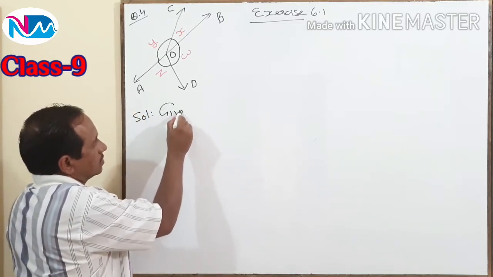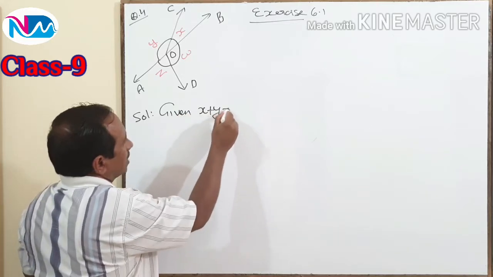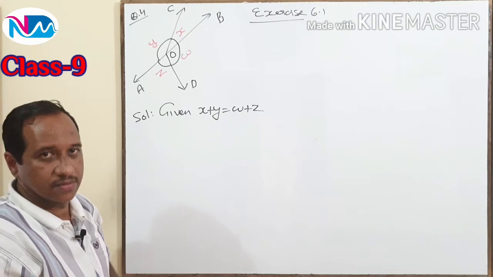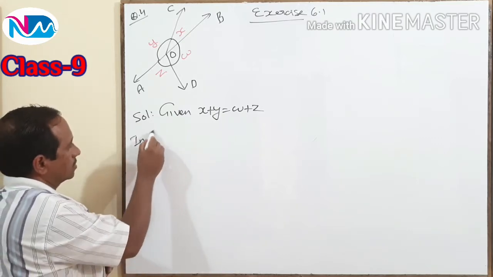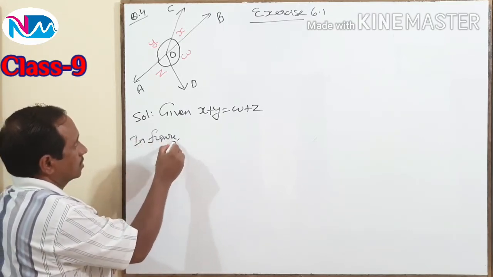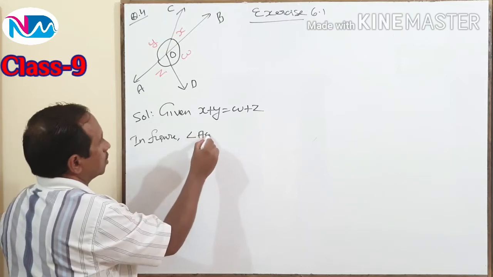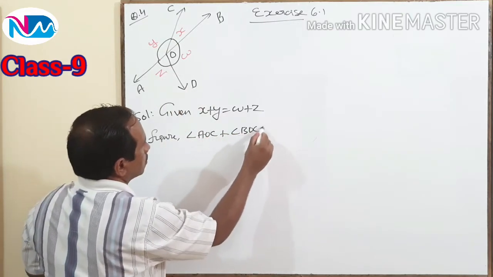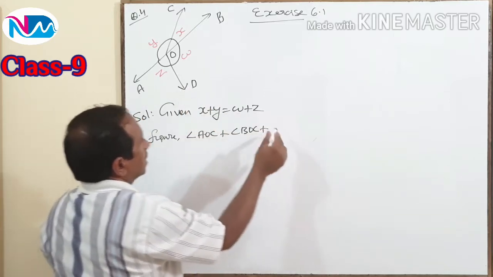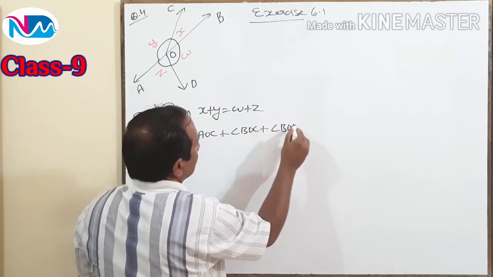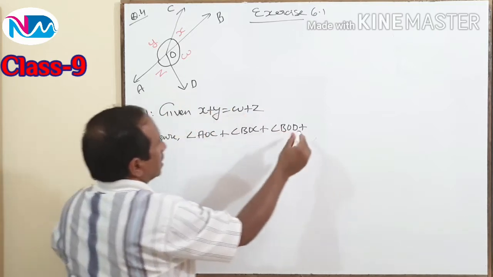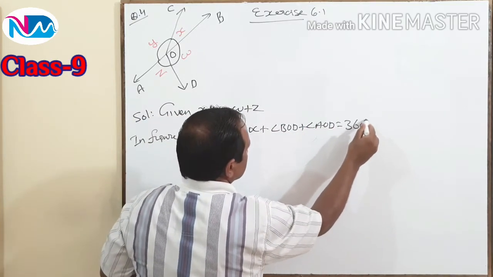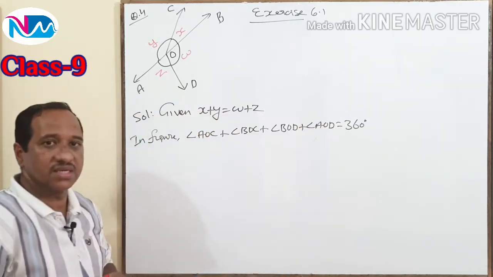Given x plus y is equal to w plus z. In the figure, angle AOC plus angle BOC plus angle BOD plus angle AOD is equal to 360 degree. What is the result?